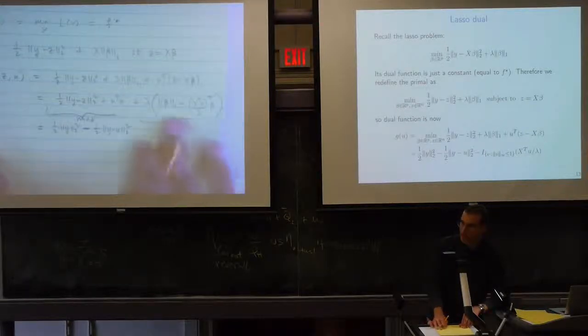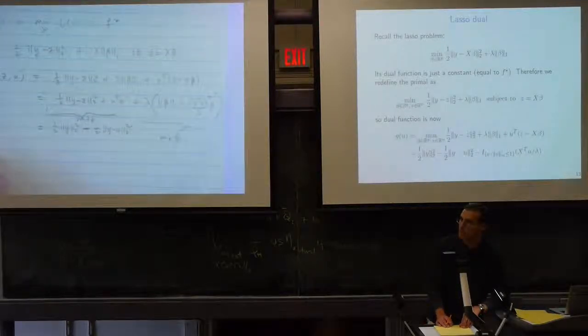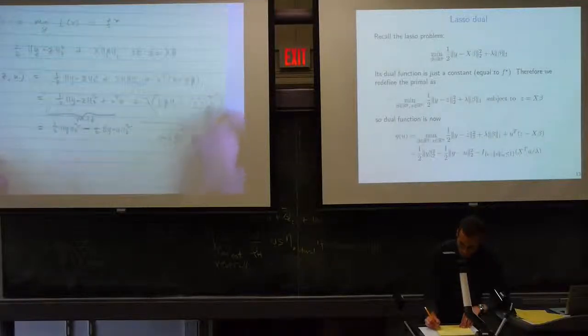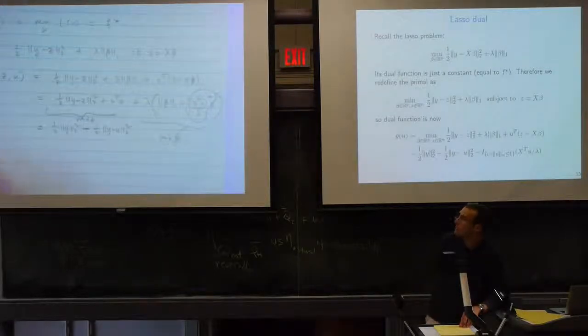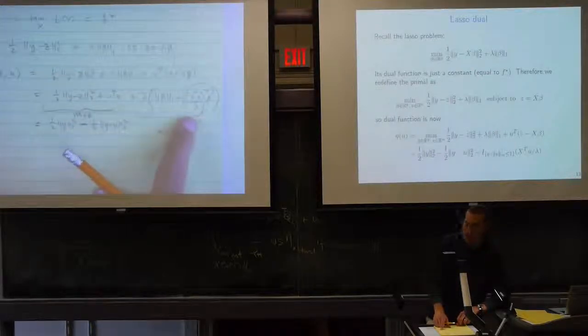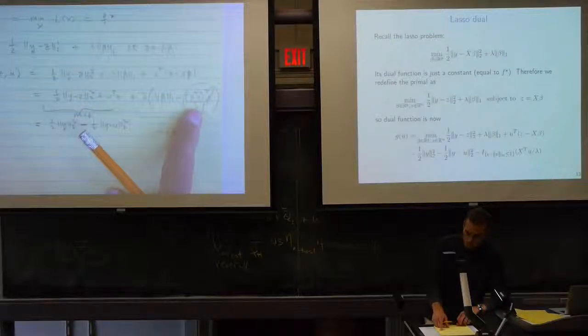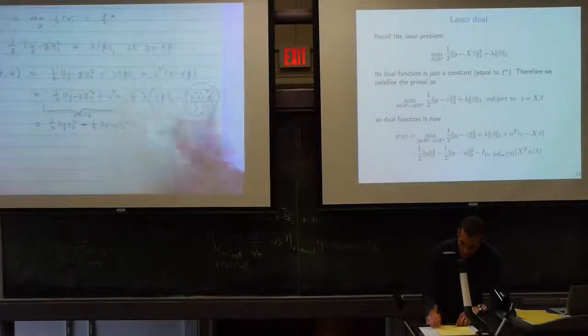Well, what does this look like that we just learned? So hence, let's just group this whole thing together. It's the conjugate of the L1 norm evaluated at this point, times lambda. So this thing is just lambda times the conjugate of the L1 norm evaluated at this point.